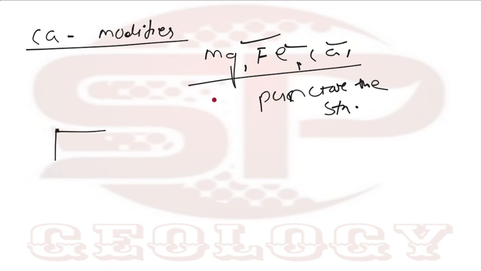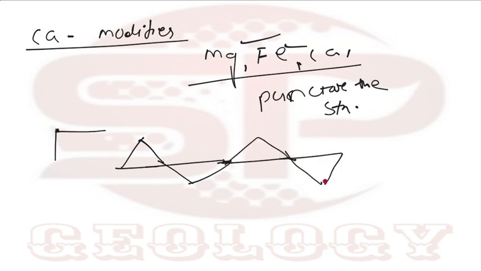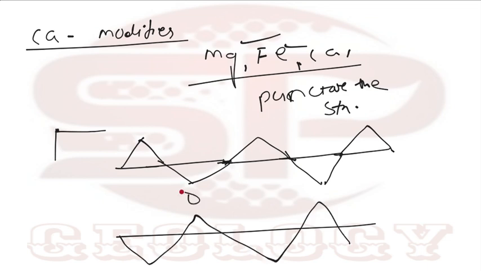We have started this in mineralogy, mineral structure, where the silicate structures or the structures of different minerals are joined by cations. Like this, you can see there are cations here.